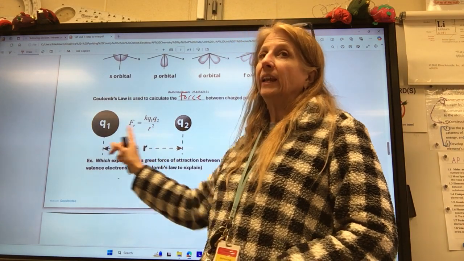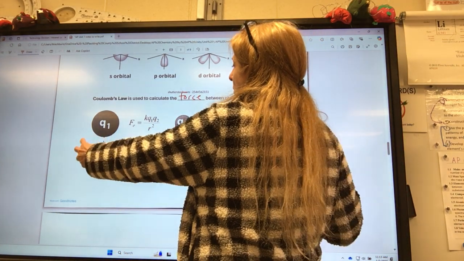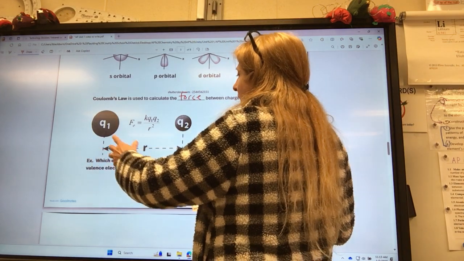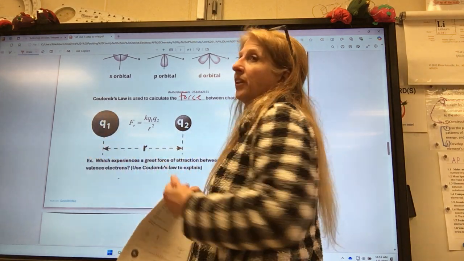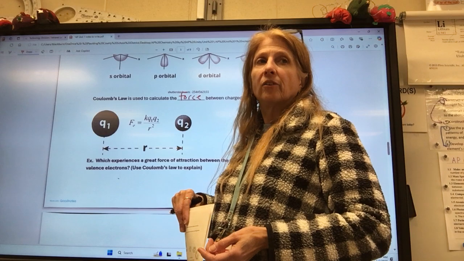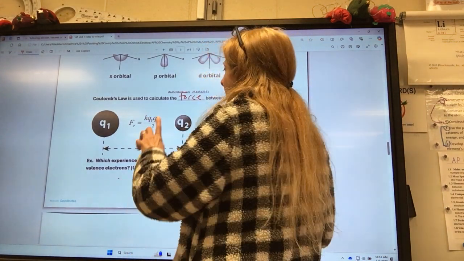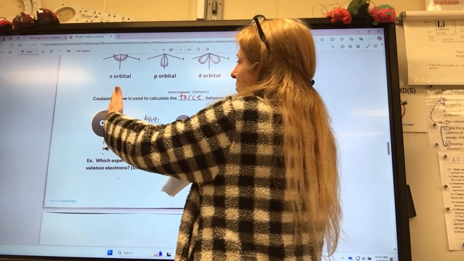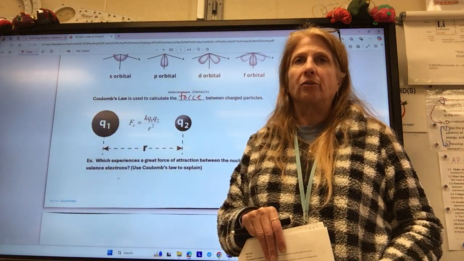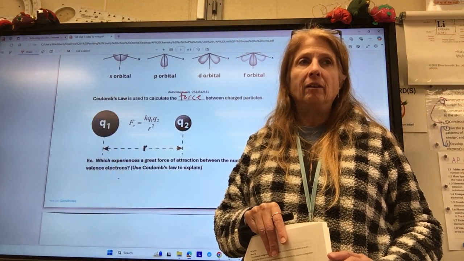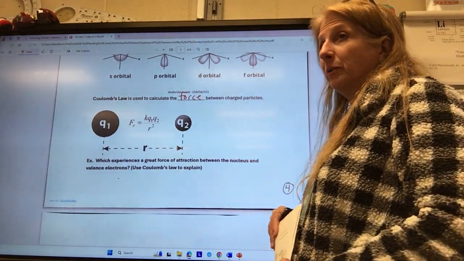This is like a radius between these, and the further apart they are, the less force there is between them. So it's directly proportional to the charge and inversely proportional to the distance between the particles. Okay? Something new. It's fun to learn something new, right?